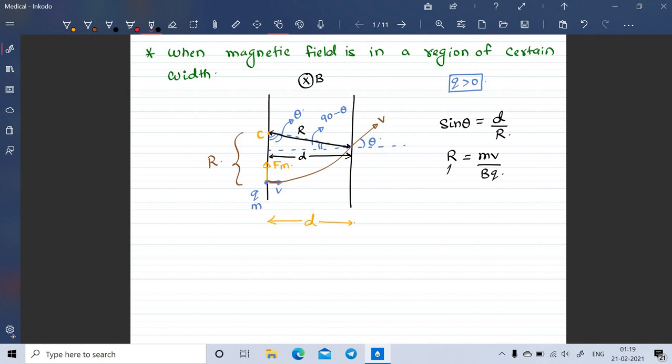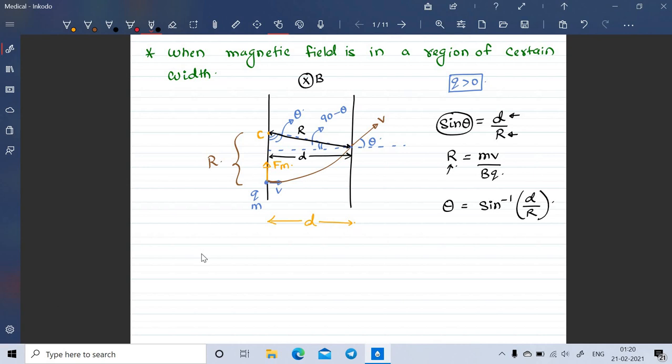So by putting all the values we can get R. And if I know R, I know D, I know sine theta. So effectively I know theta. Correct? Effectively I know theta.